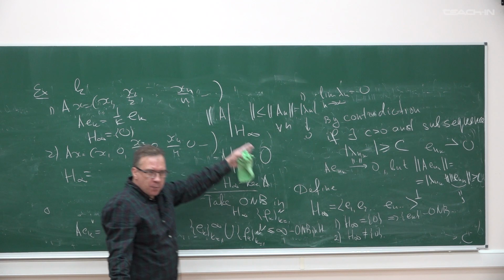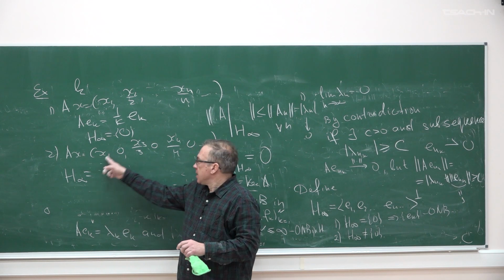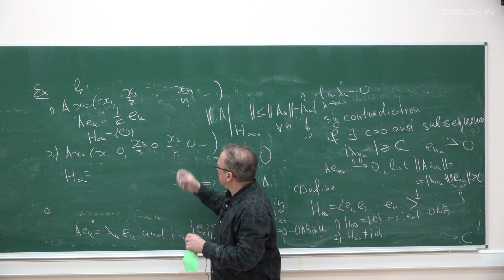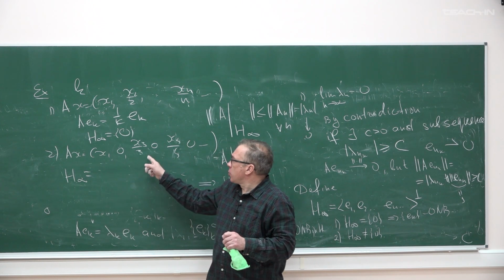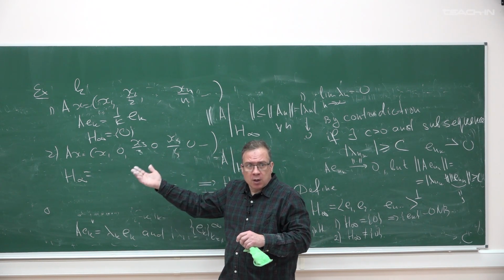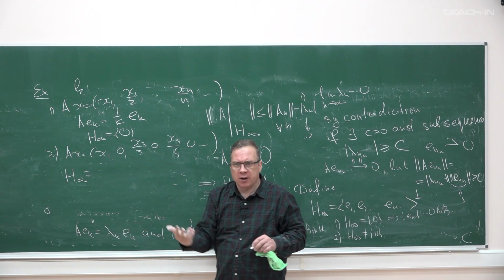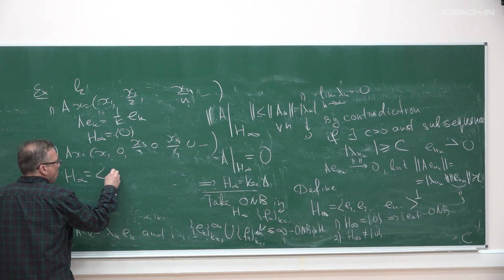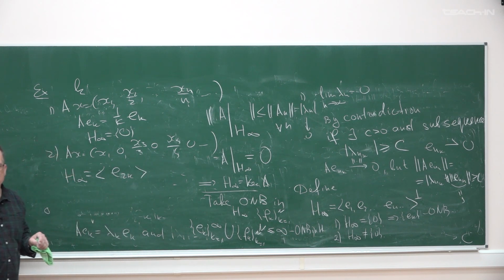If we repeat the proof of the theorem for this operator, we firstly obtain the first eigenvector, then the third, then the fifth, and we do not obtain the supremum on the even eigenvectors. So H infinity here is the linear span of all basis vectors with even numbers.